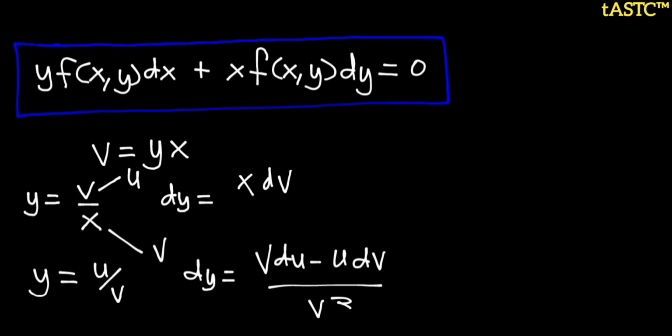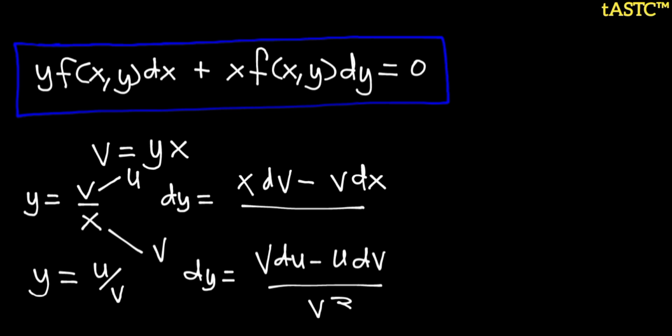So in this case, we know that the v function is the x. So that is going to be v du. Now u in this case happens to be v, so that is why you have an x dv. And this will be minus u dv. In this case, we have u to be v, and v is actually x, so that is going to be dx.